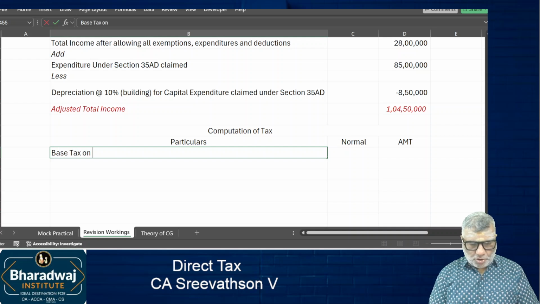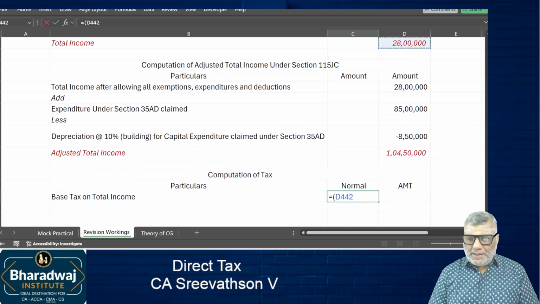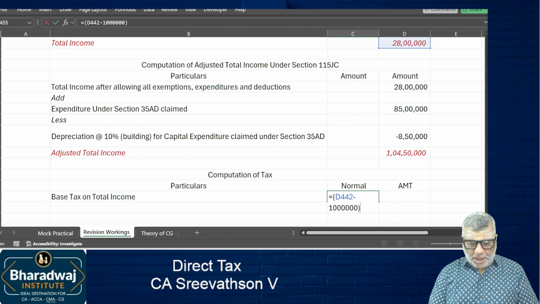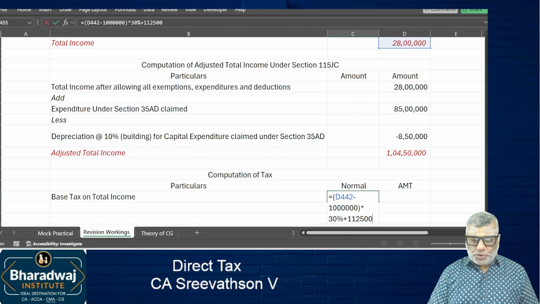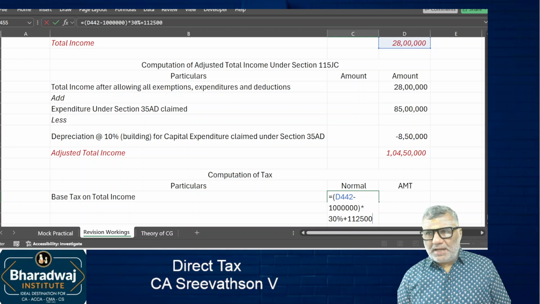Base tax on total income. My total income came to 28 lakhs: 28 lakhs minus 18 lakhs into 30%, plus 1,12,500 for the first 10 lakhs, we all know.